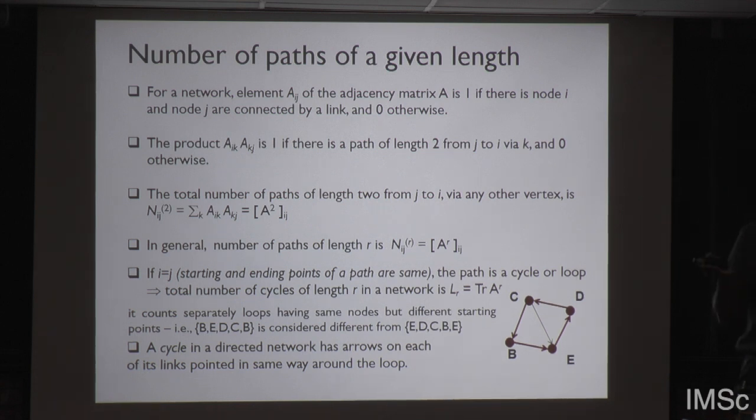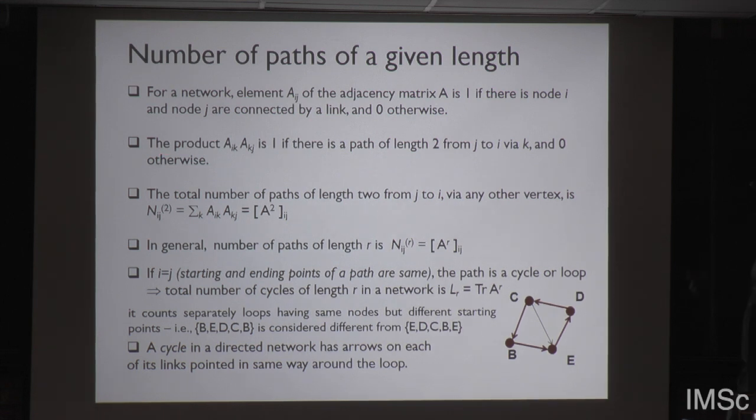So how does the adjacency matrix help me in such a situation? Well, very simply, you notice that if the product Aik times Akj is 1, that means there is a path of length 2 from I to J via K. Okay.